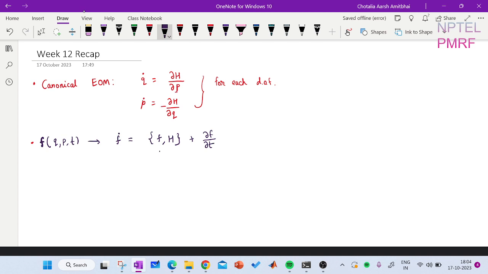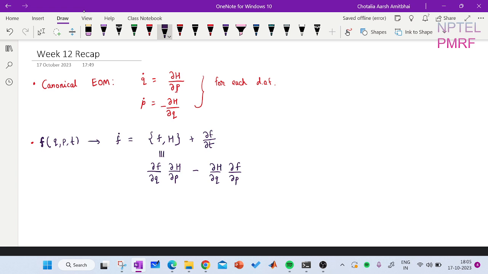This is defined with derivatives with respect to q and with respect to p, minus with respect to q and with respect to p. So first f and H, then H and f.